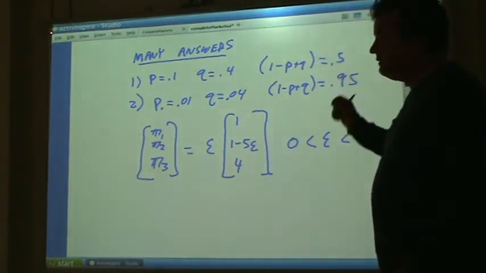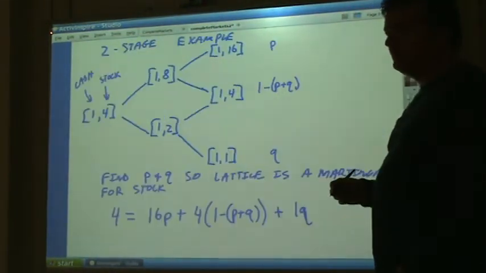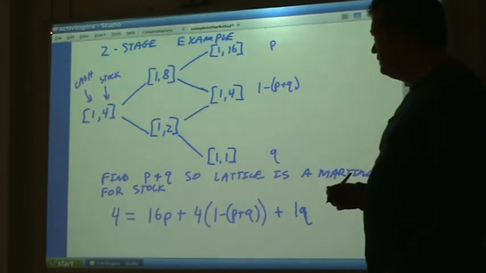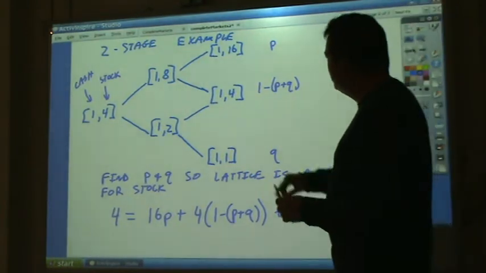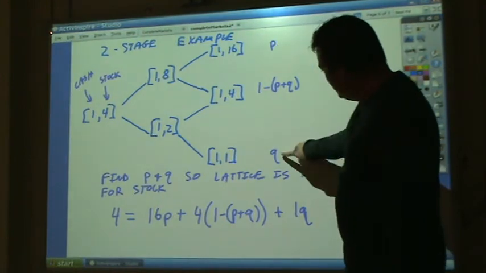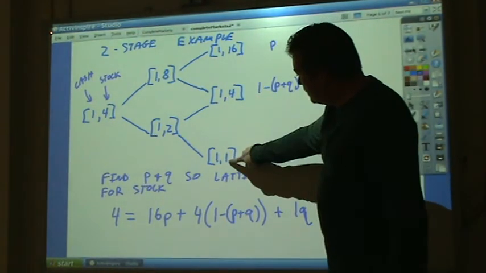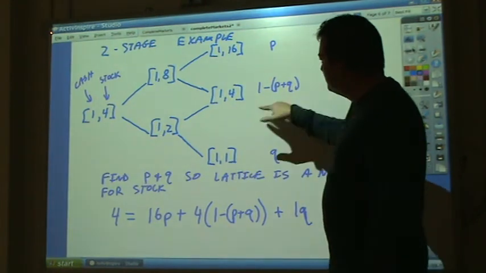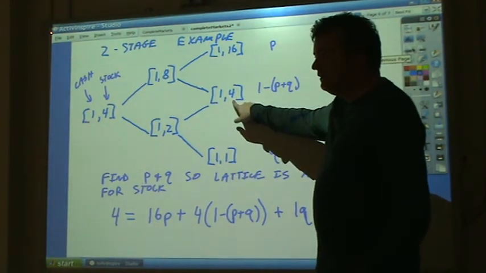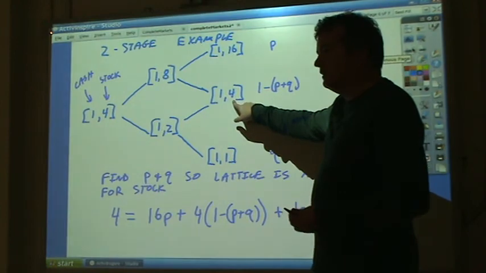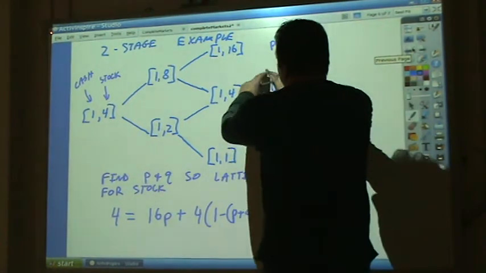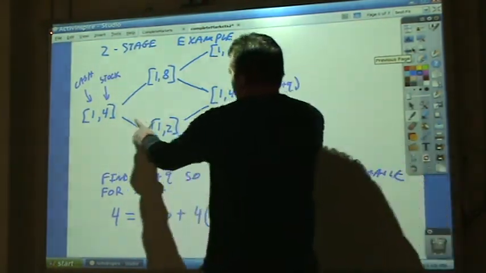So does it make sense that there'd be a family of answers? For example, if this was 10% and this was 40%, 10% of the time you get 16, 40% of the time you get $1, and the rest of the time you get 4 again. That would make it a martingale. So whatever this probability is doesn't matter, because it matches the original number.